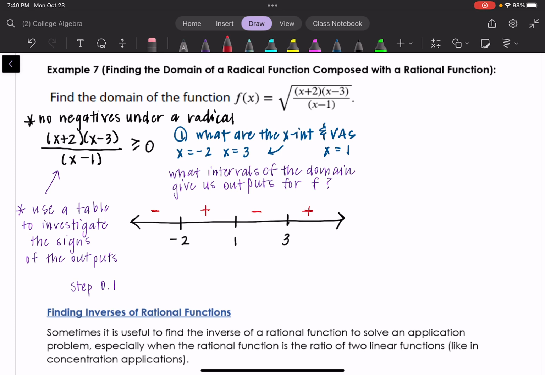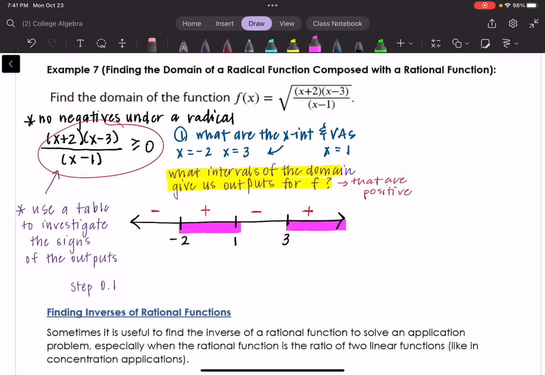So again, if you've lost track of what we're trying to figure out, it's what are the intervals that give us outputs for f that are positive, because our original question asked us to locate those. And that is from here to here and from here to here.